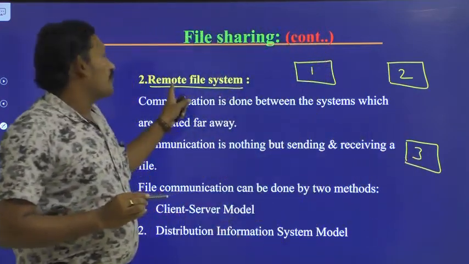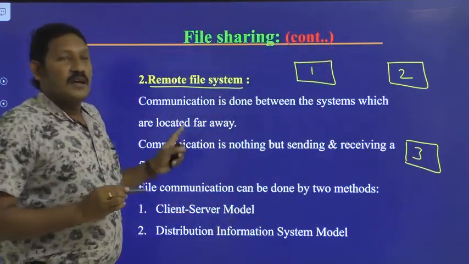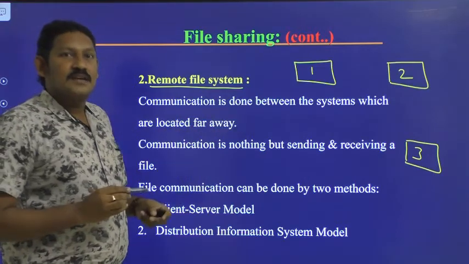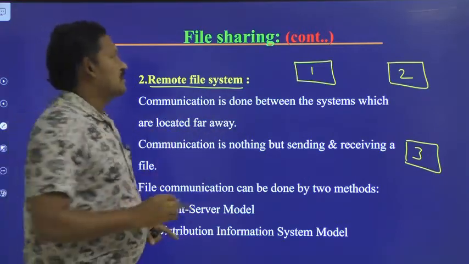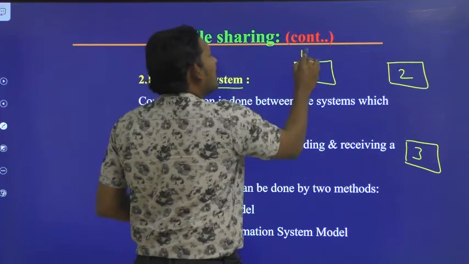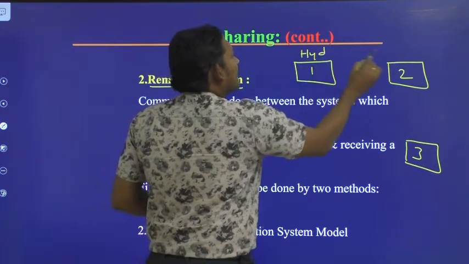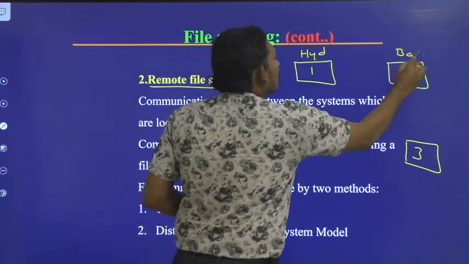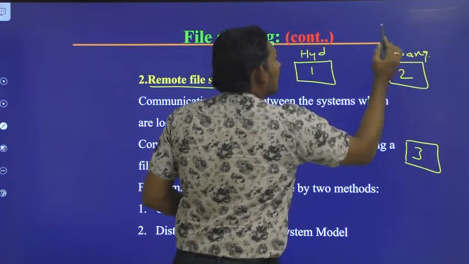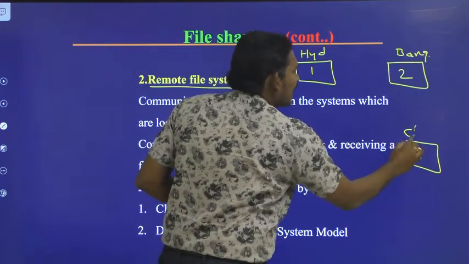Let us suppose this system is in Hyderabad, this system is in Bangalore, and this system is in Chennai.